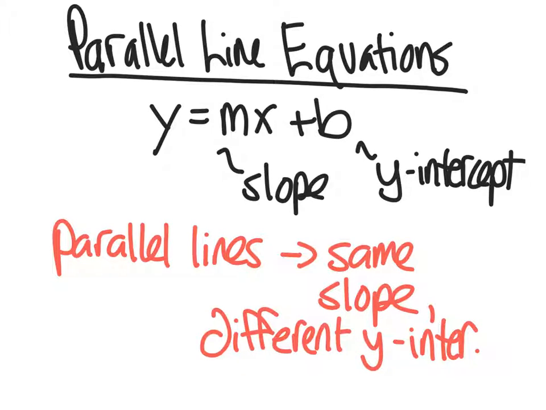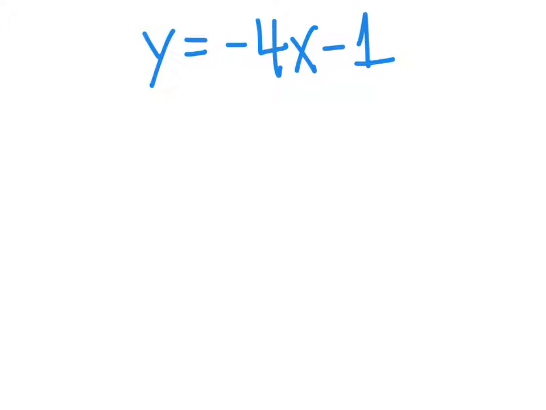So I'll give you an example. An example of two parallel line equations. You get y equals, we'll say, negative 4x minus 1. Now, the slope in this case is going to be negative 4 right here. So for my next equation, I can write anything for my y-intercept, but I have to keep the same slope.